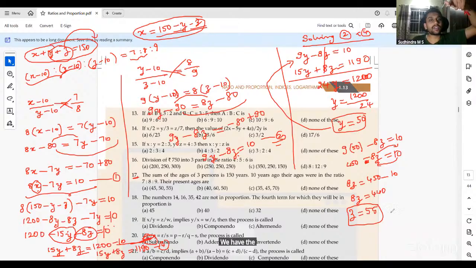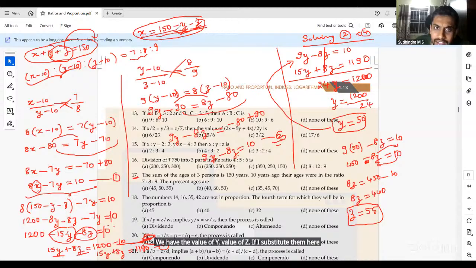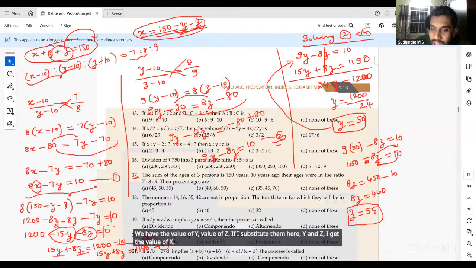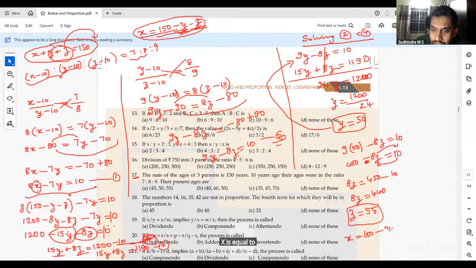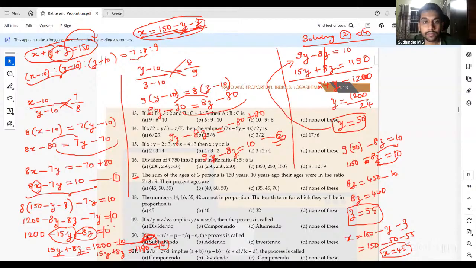We have the value of y and z. If I substitute them here, I get x. X is equal to 150 minus y minus z, 150 minus 50 minus 55, so x is 45. So 45, 50 and 55. Option A is the answer. Yes, sir, now I got it.